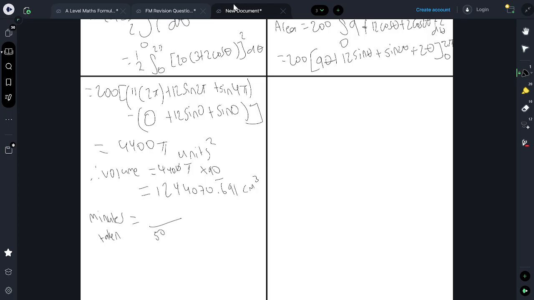Now, actually, you do need to just know, I don't think there's a way of learning this, but 1 litre is 1,000 centimetres cubed. So that means this has to be 1244070. Hang on. Let's write that down. That's going to be over 50 because it's 50 litres per minute.